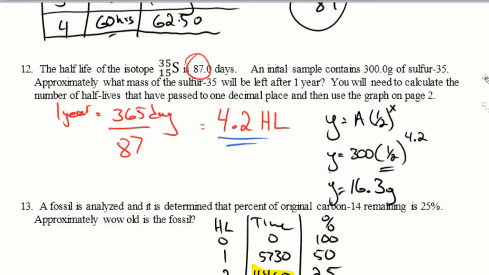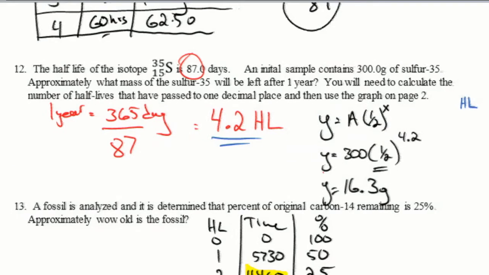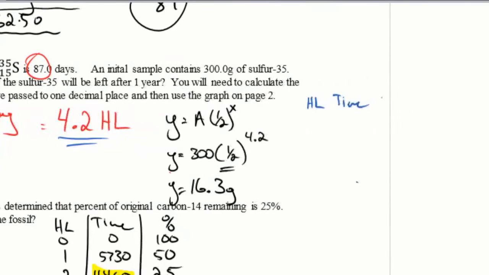Well, let's figure it out in terms of our table, because I love using these tables. So we have half-lives, we have time, and we have the amount. So half-life 0, time has passed 0, we're starting with 300 grams. After 1 half-life, we're at 87 days, and we're down to 150. After 2 half-lives, what's that, 43.5?